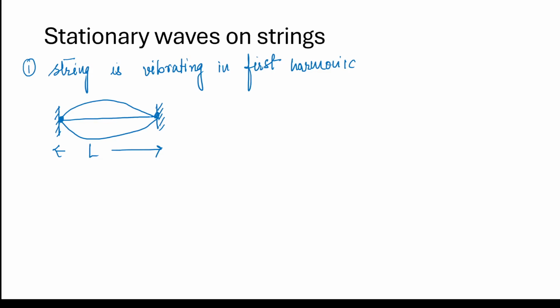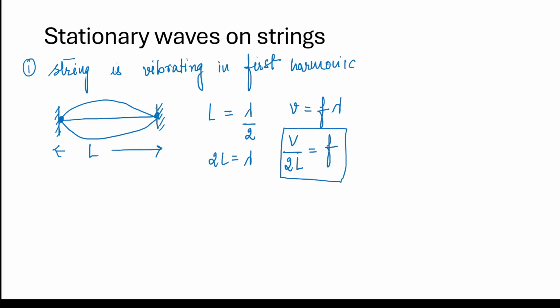Now what is the distance between two adjacent nodes? That's lambda over 2. So your length is half the wavelength. Rearranging, 2L is lambda. So if I calculate using my v equals f lambda, try and calculate the frequency. So v over 2L is the formula for the fundamental frequency. So first harmonic or fundamental frequency.